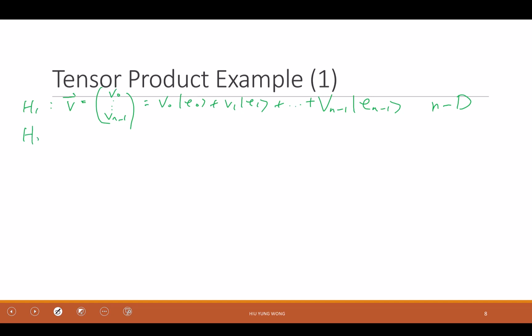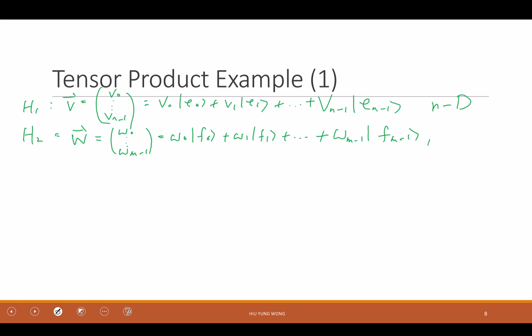I have another vector in the H2 space, and it is this. W equals W0 all the way to Wm minus 1, which means it is W0 times, let me call it F0, plus W1 F1, plus all the way to Wm minus 1, Fm minus 1.